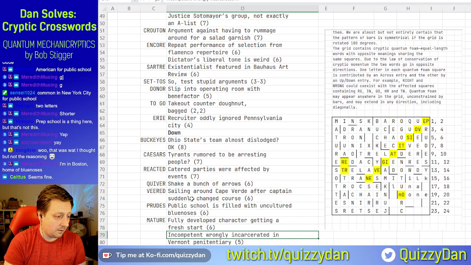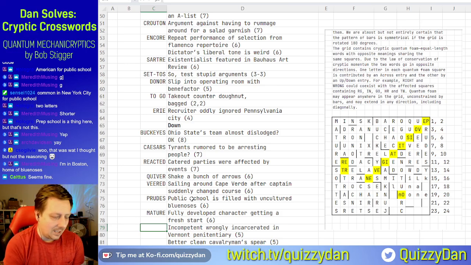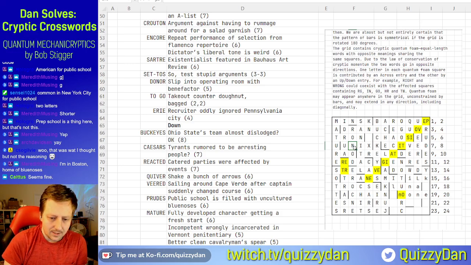So next up, incompetent, wrongly incarcerated in Vermont Penitentiary. So Vermont VT, incompetent, wrongly incarcerated in Vermont Penitentiary. Maybe it's Vermont Penitentiary. There's going to be Knox or something like that, because we are after a 5.